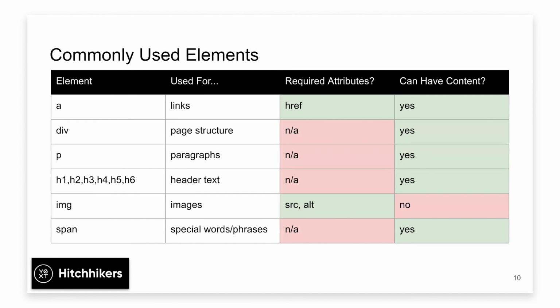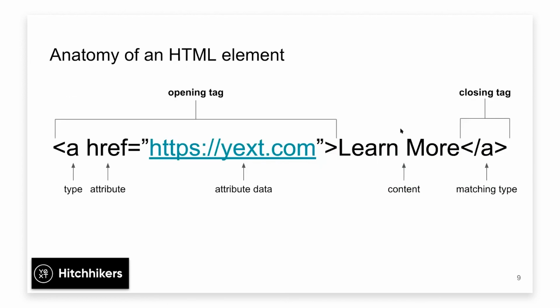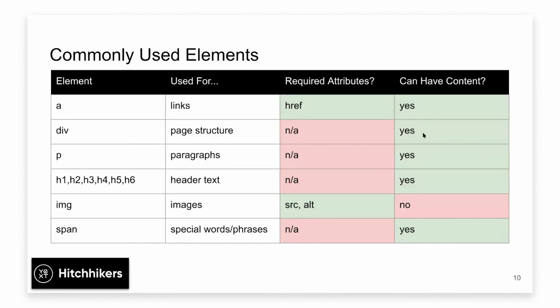Some commonly used elements. We talked about the A tag and its required attribute, the href. And as you saw in the previous example, it can have content in it, which is anything in between the tags. Some other common types are the div tag, which is used for page structure. This has no required attributes, so it can stand on its own, and it can have content. You have the p tag, which is used to hold paragraphs.